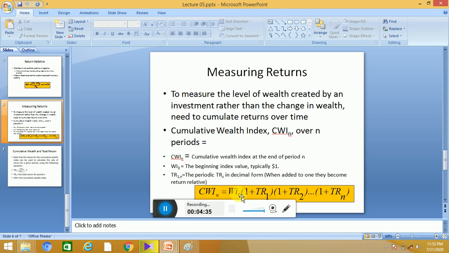CWI is equal to the wealth index in the beginning, I naught, which means today's wealth, multiplied by 1 plus total return 1, the first year return, then 1 plus total return 2, the second year return, and so on, up to 1 plus total return n. If we calculate this, it will give us complete information about our wealth after n periods of time.